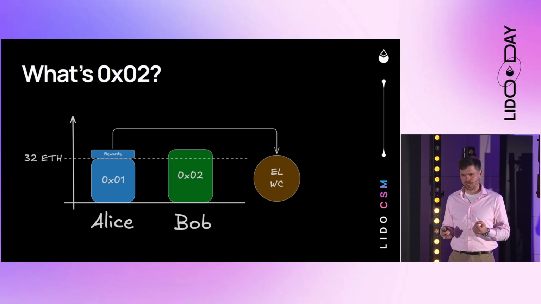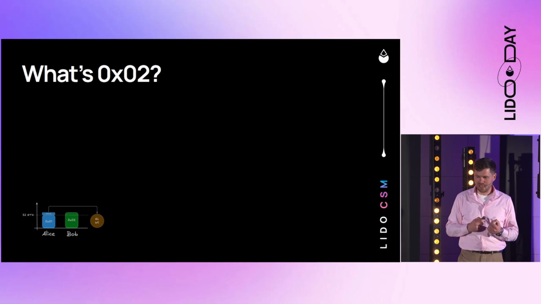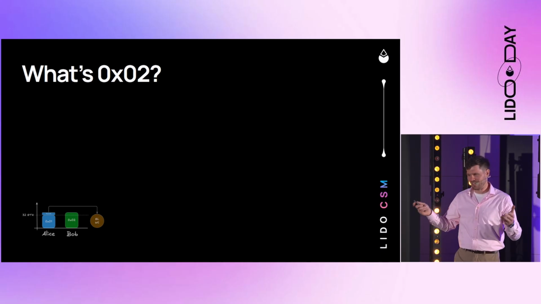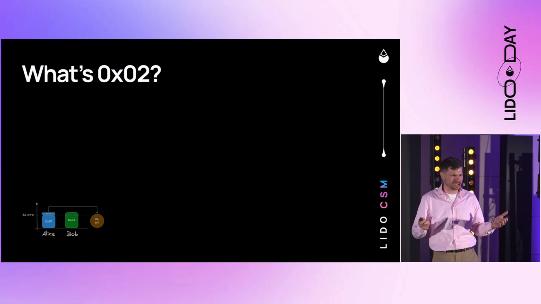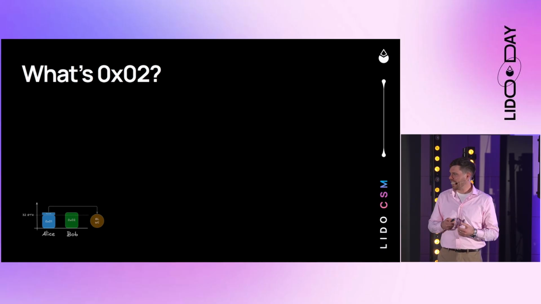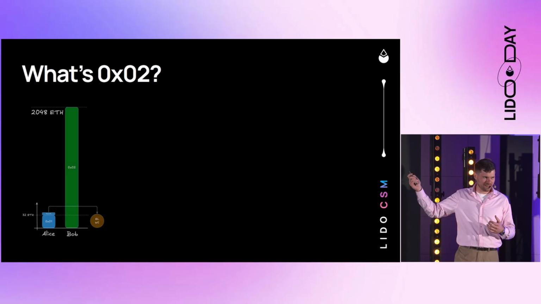To answer this question, we need to zoom out a little bit. And then wait for eternity, or let's assume that it's not an eternity, but Bob just made a few more deposits to his validator. And now the balance of his validator is 2048 ETH.